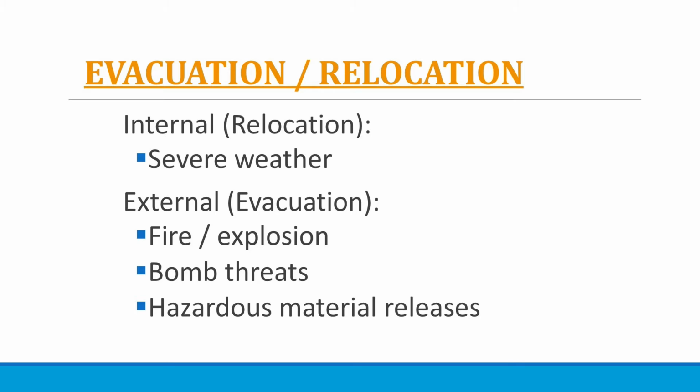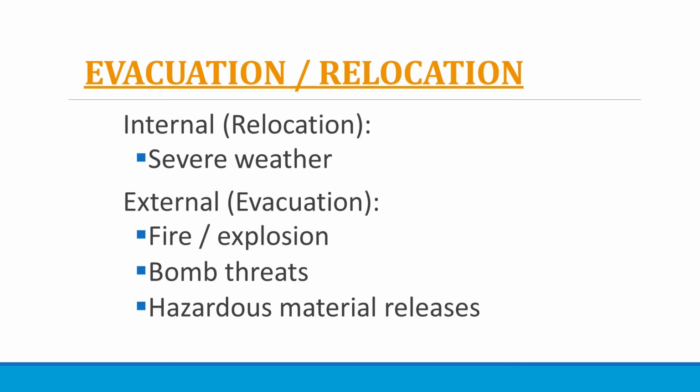Other times you may want to know which direction the wind is blowing and evacuate in the opposite direction the chemical is being taken by the wind. So there's multiple ways to address a lot of these potential hazardous material releases, and you need to think about what the potential is and how you're going to approach each specific kind of chemical release.